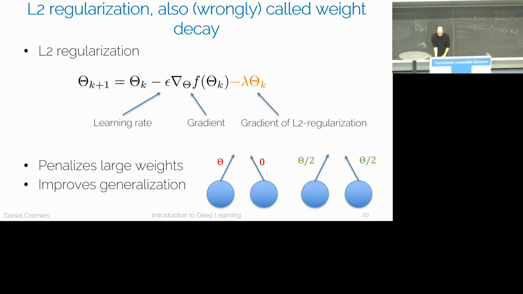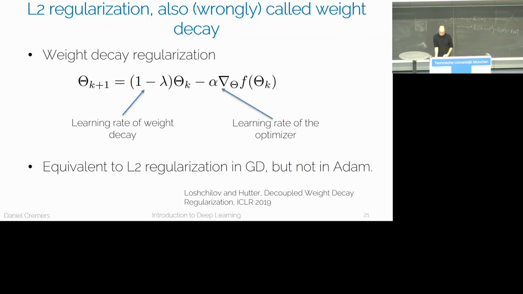This is slightly different from what is called weight decay regularization. Weight decay regularization looks like this. You also have an update where you start with the old weight and then subtract alpha times the negative gradient, with alpha being the learning rate of the optimizer.